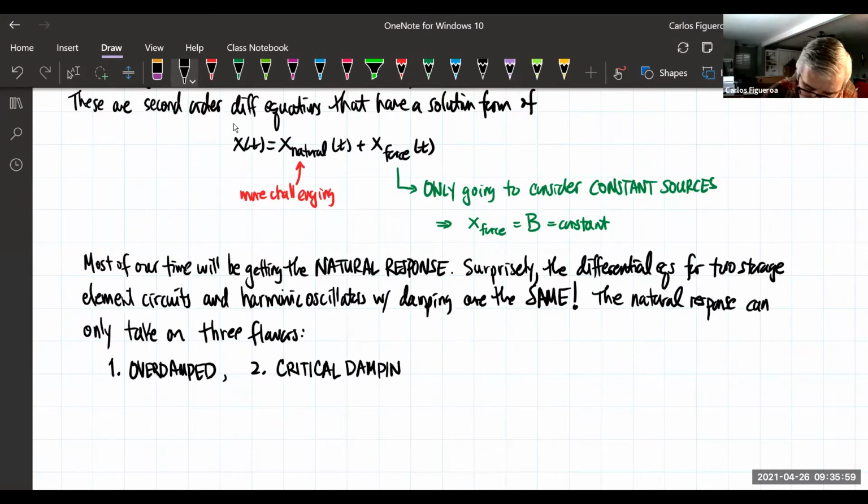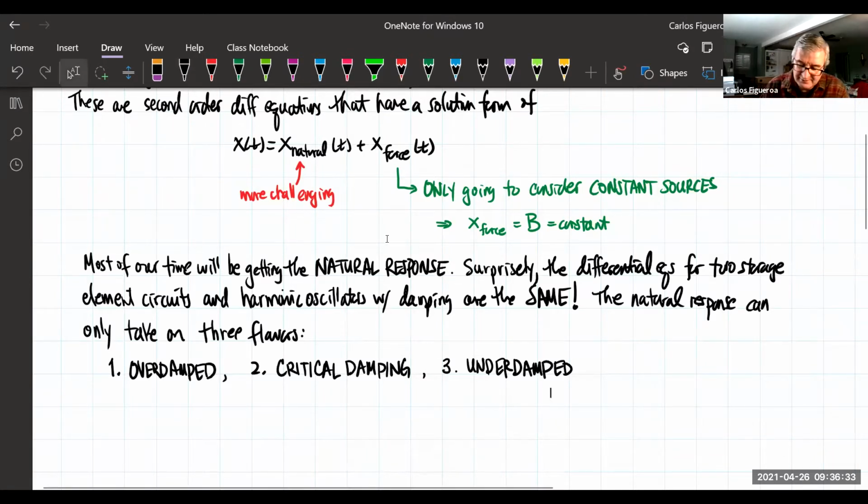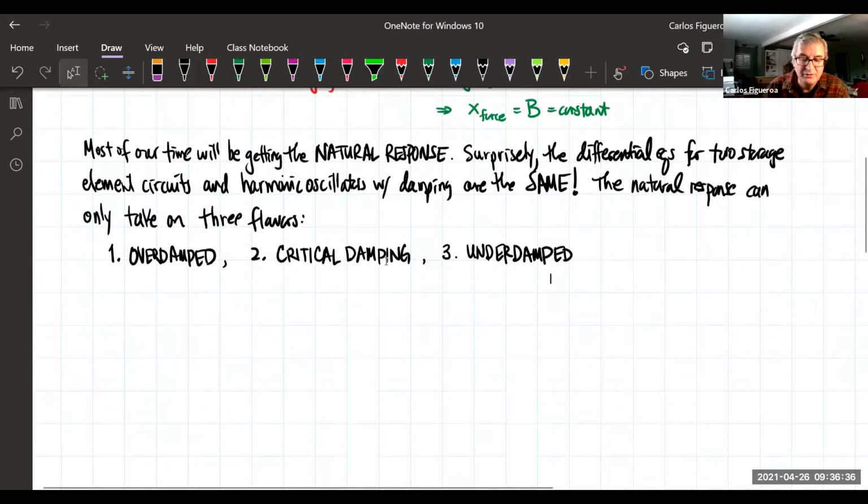In a lab situation, it's actually quite hard to see this. You have to be just at the right setting. It's like you're literally at a knife edge. And then the third one is underdamped. In the lab that we're going to do, we're only going to be looking at overdamped and underdamped. Like I said, critically damped is a very fine line to walk.